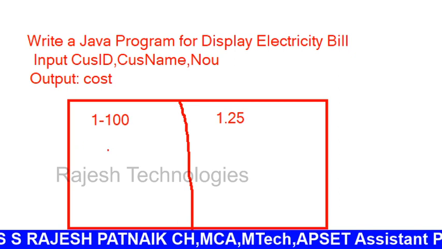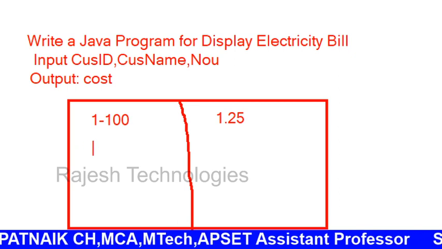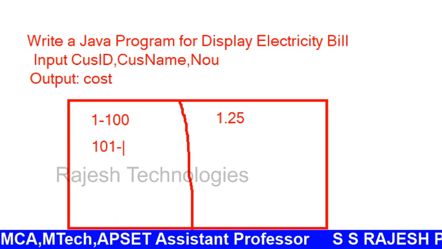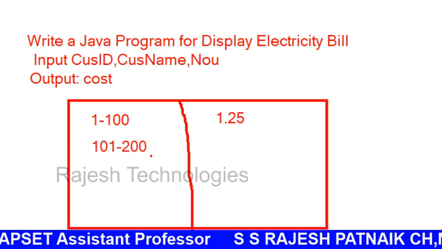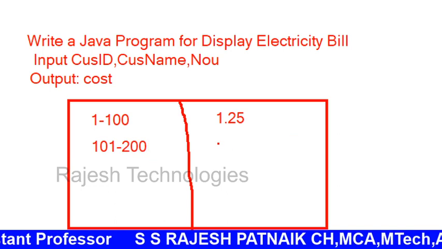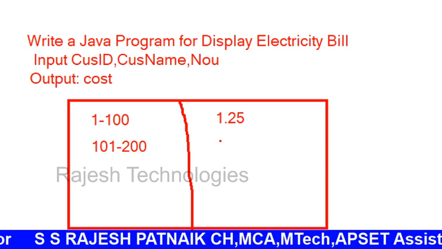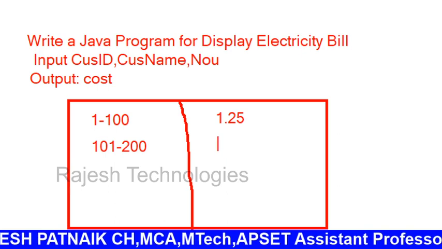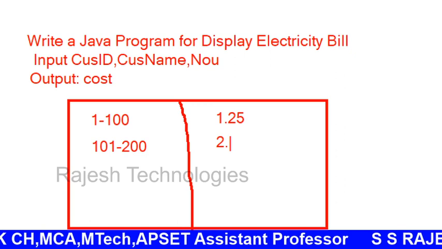If it is between 101 to 200, the cost per unit is 2 rupees 75 paise.